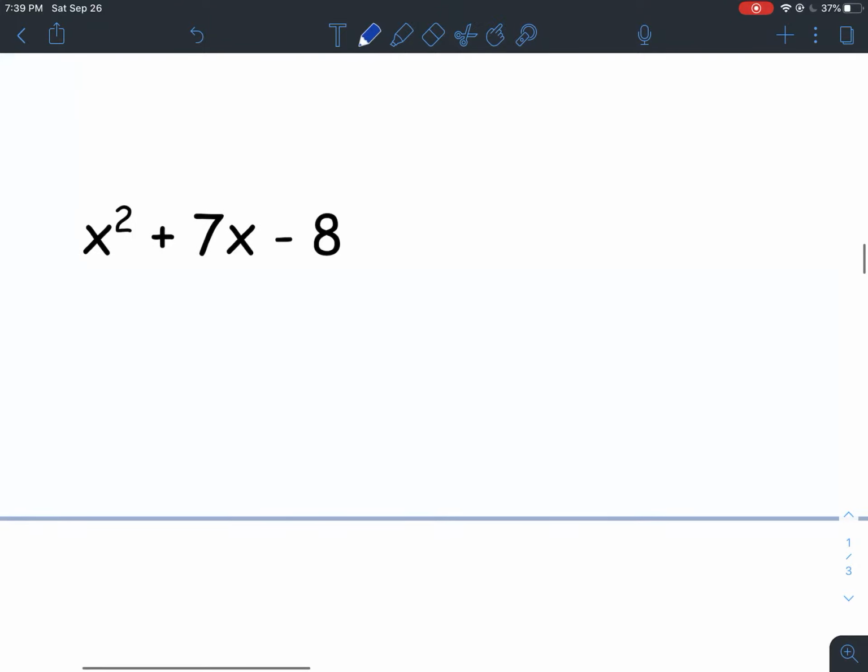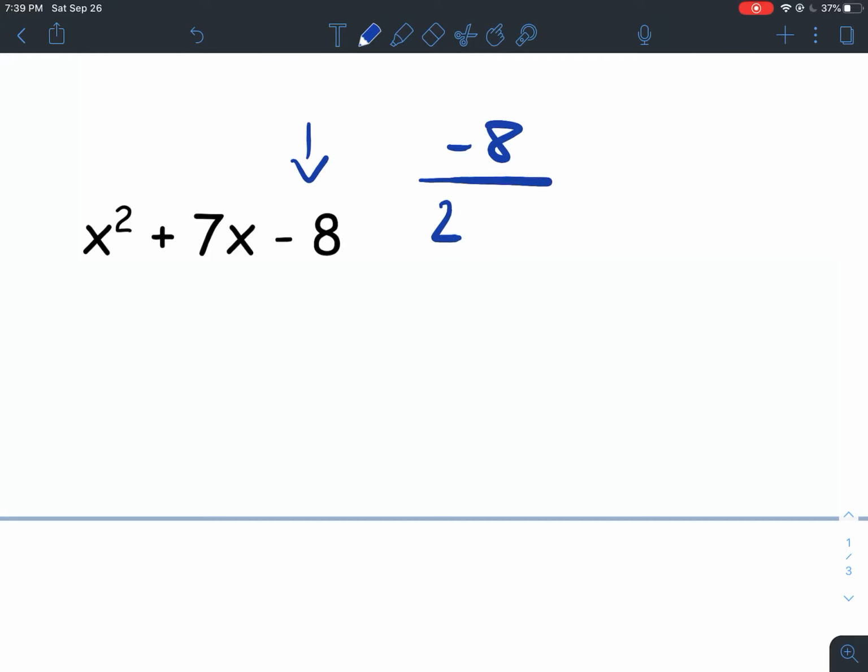All right, let's try this next one. First thing we have to do is find the factors of -8. Now the thing is, when this guy is negative, you have a lot of options. And the reason for that is that tells you that one of your factors is going to be negative. So we can go ahead and write that out. Let's think.